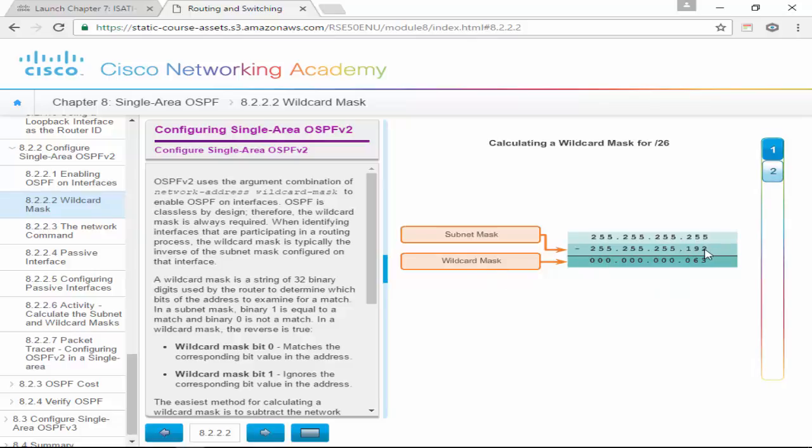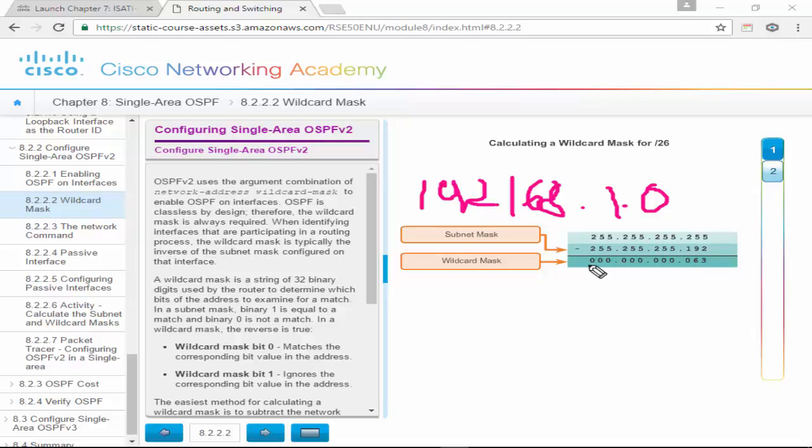Like if we had a 192 network and wanted to know how many hosts away it was, we could just take it through this. Say we had 192.168.1.0 with the subnet of 255.255.255.192.